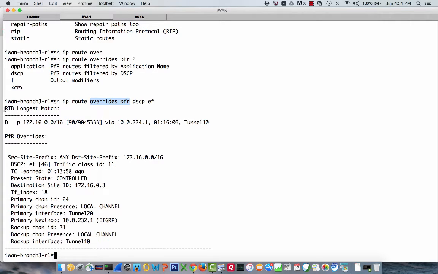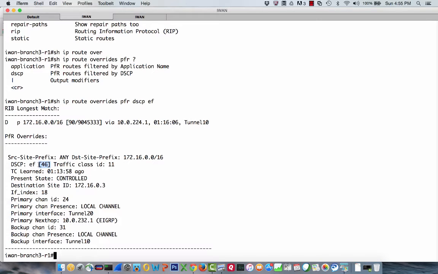So what does this say? This says that in my RIB, in my routing information base, my control plane, EIGRP, from over tunnel 10 is telling me that what should be best is going out over tunnel 10. PFR may be overriding this, and this is actually going to tell me and be in sync with the PFR Intelligent Path Control code, and it's going to say, yeah, you know what?